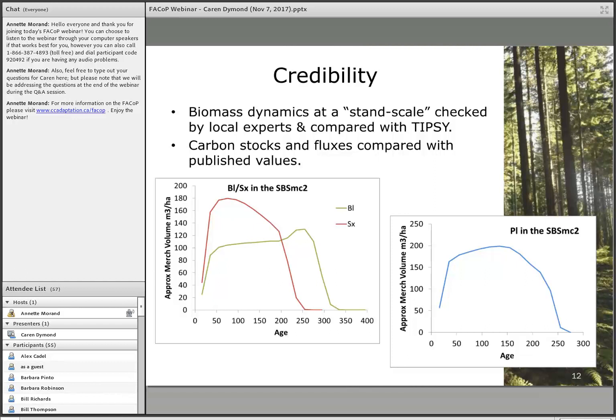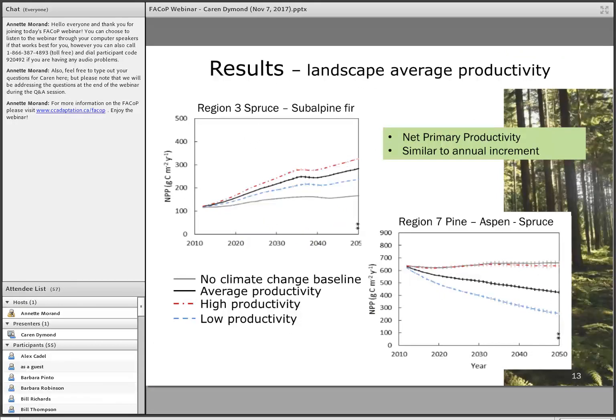Because we're not using the model here to understand the ecosystem, we're trying to use it to understand more about climate change and forest management. And then we compared the carbon stocks and fluxes with published values for similar forests.